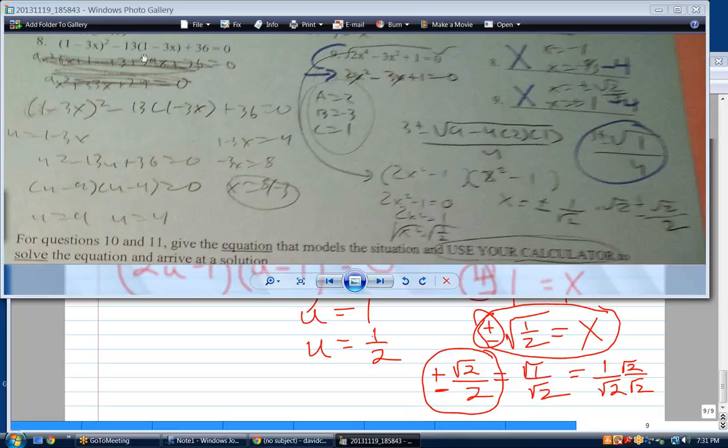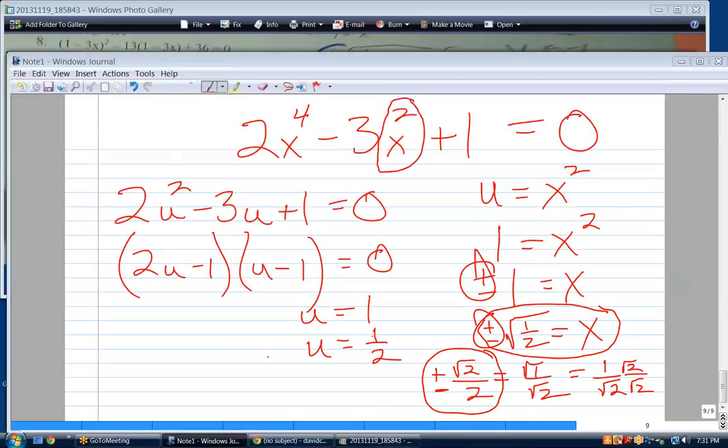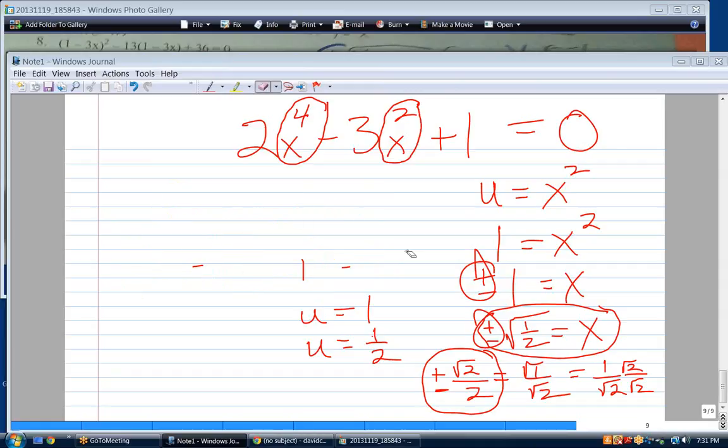Okay. It's a quartic because it's a fourth, but what you're looking for is for this term to be this term squared. And it doesn't matter what it is. In other words, it can be anything, all it has to be is squared.